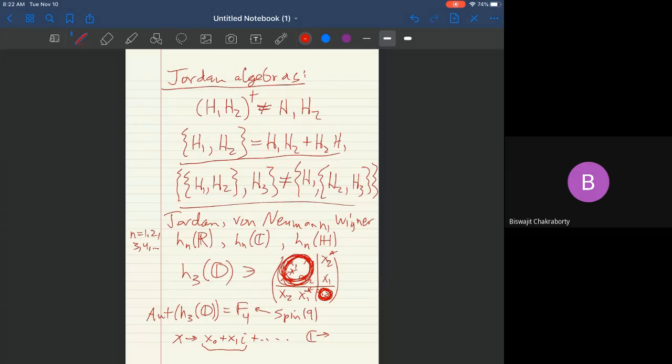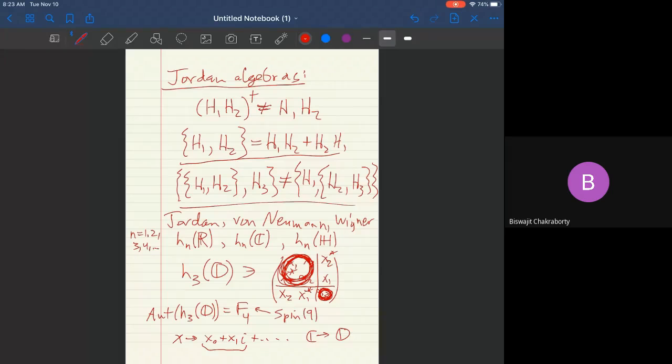I mean, the complex numbers are embedded in the octonions. Now, it's arbitrary how they're embedded. We could have taken x0 plus x2 j and called that a complex number. There are many different ways to split up the octonions, so there are many different ways of embedding the complex numbers in the octonions.